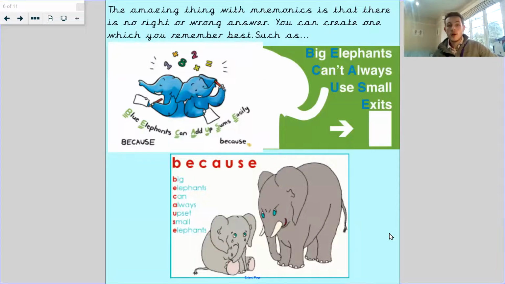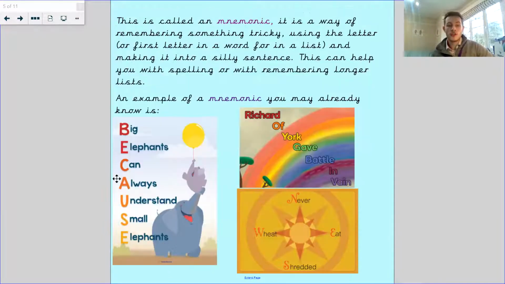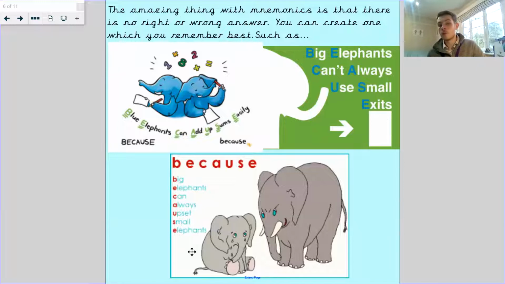The amazing thing with mnemonics is there isn't a right or wrong answer. So looking at because, we had big elephants can always understand small elephants. Well, that's not the only way that you can remember because. Blue elephants can add up sums easily. What a funny sentence.